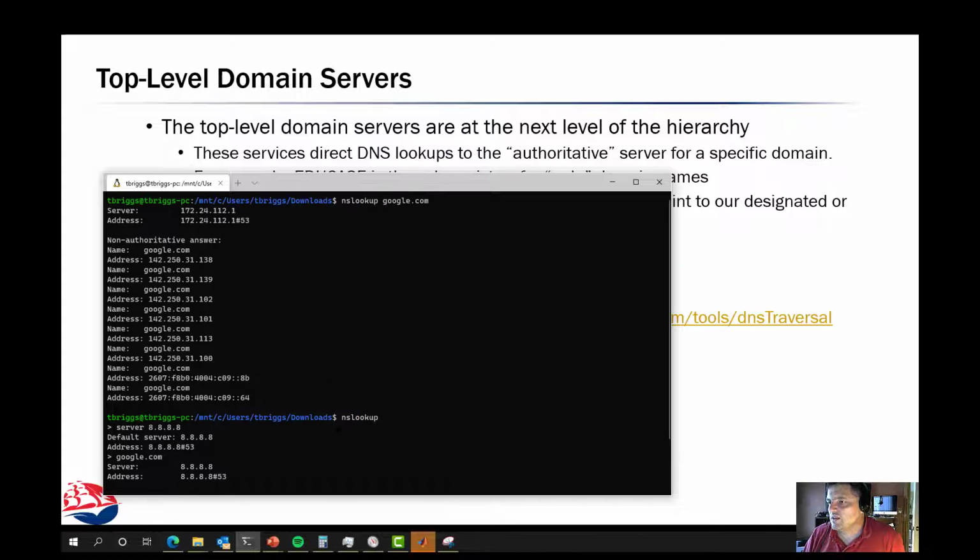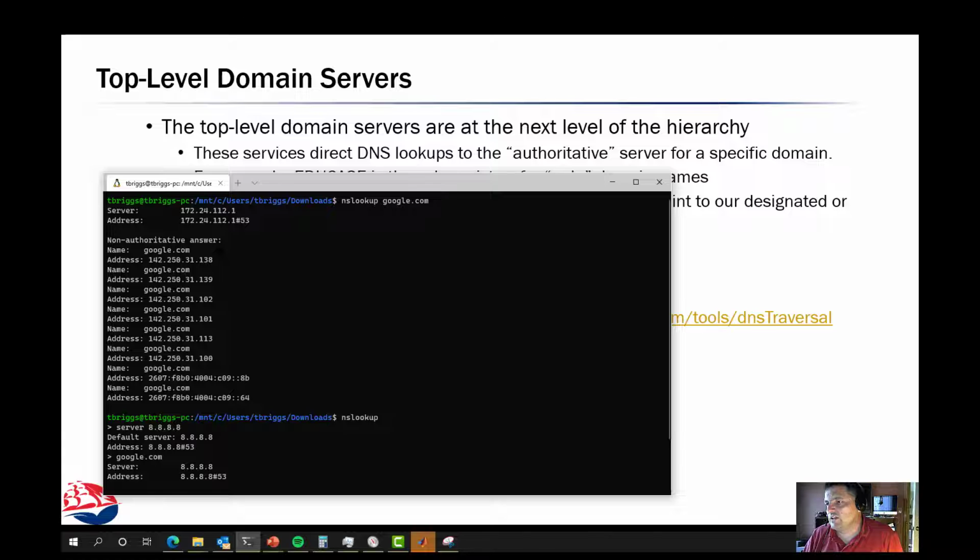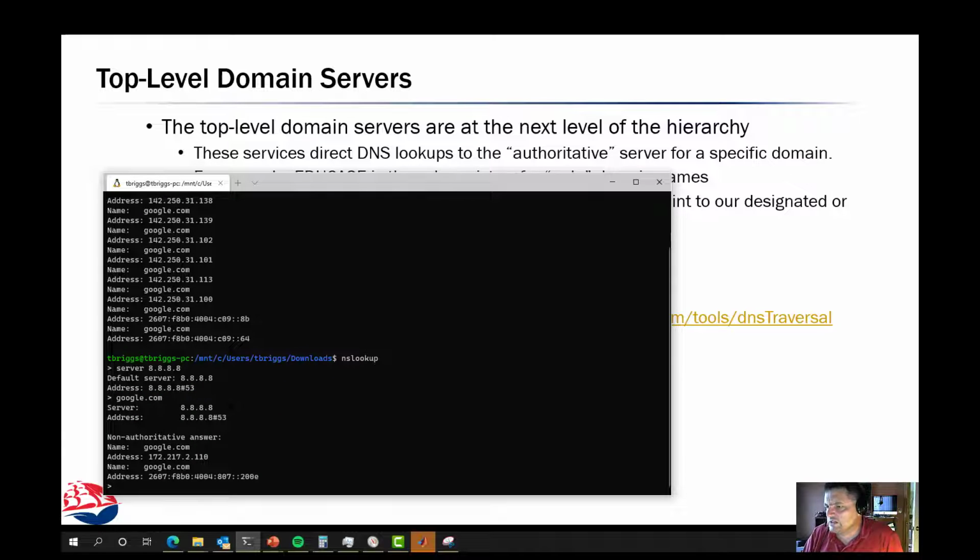Actually, these are all non-authoritative as well, because they're not the authoritative server. So it's interesting that using Google's own name service, I get a different set of responses using this 8.8.8.8. I'll have to look into that. I didn't expect that. I should have tried this ahead of time, I guess.